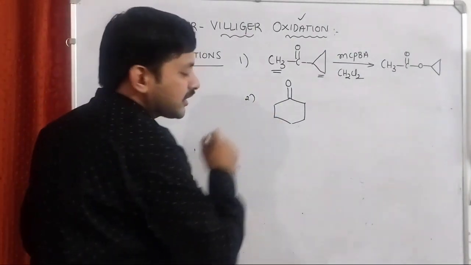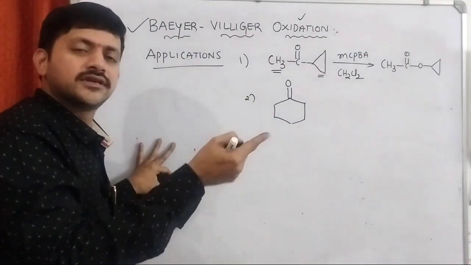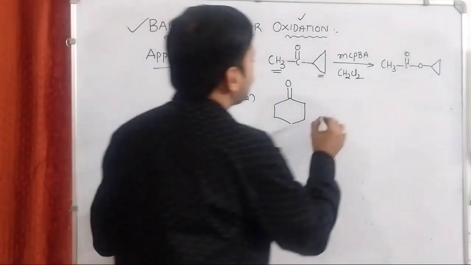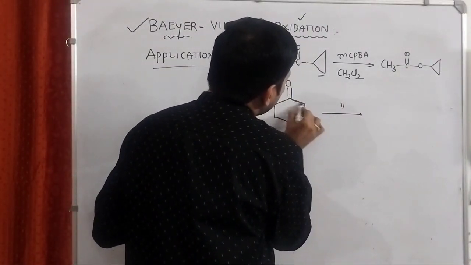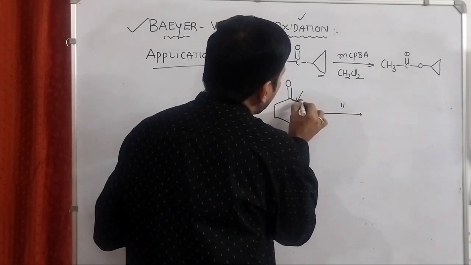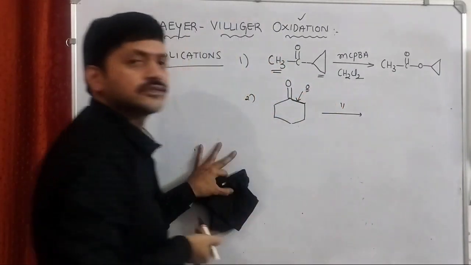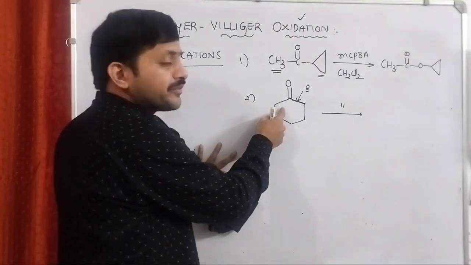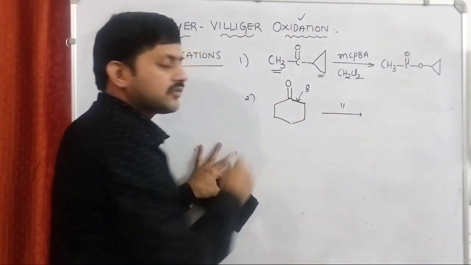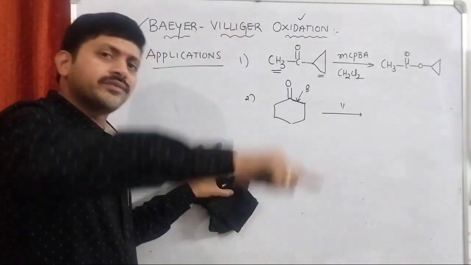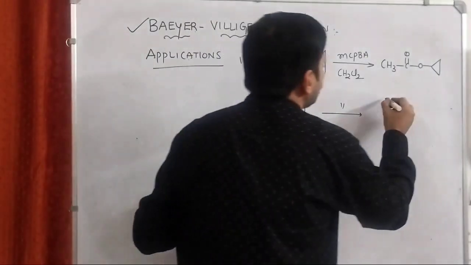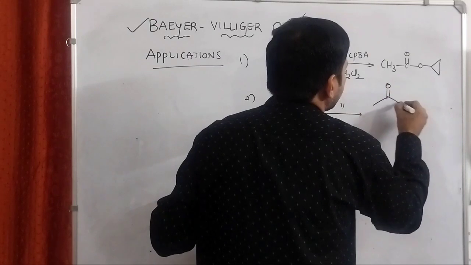But in case of cyclic ketones, you will come up with cyclic ester. Under the same conditions, in between these two carbons, we need to insert oxygen. This is the 6-membered ring. If you insert one more oxygen from the peracid, that will become a 7-membered ring.